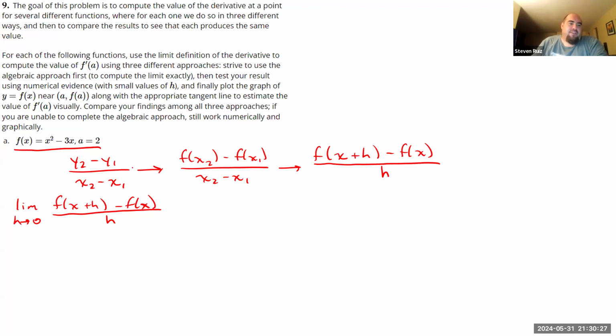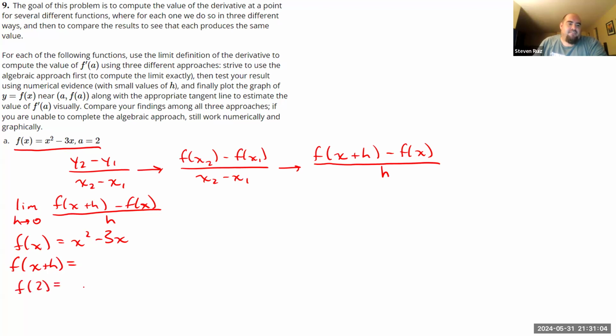What I mean by base point is, my function is x squared minus 3x. I don't want to find its derivative at any value of x. I want to find its derivative at simply a equals 2. So now we can put some specificity here. If my f of x is x squared minus 3x, then what does that mean about f of x plus h? For example, let's find f of 2, since we're going to have to eventually.